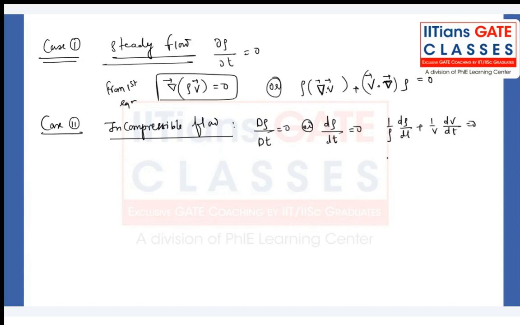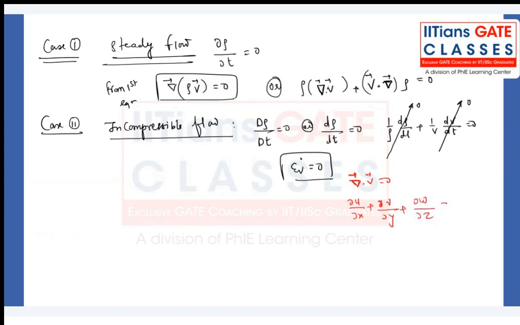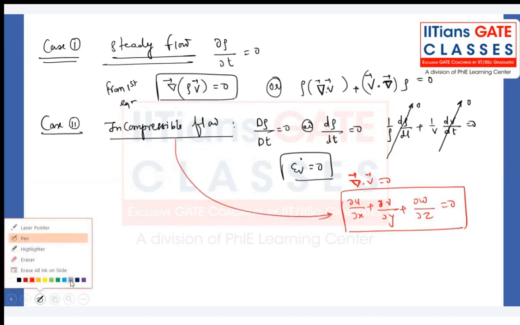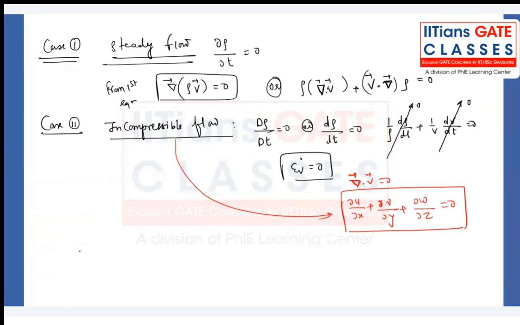That means if this is 0, this will also be 0. That means volumetric strain rate has to be 0. Volumetric strain rate means del dot v has to be 0. That means dou u by dou x plus dou v by dou y plus dou omega by dou z has to be 0. That is a sufficient condition for a flow to be called incompressible flow, right?